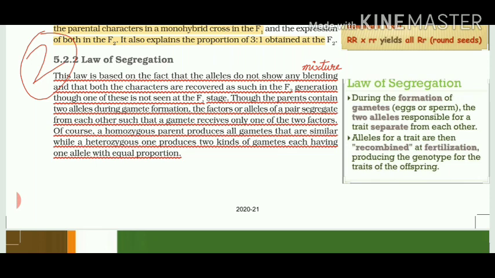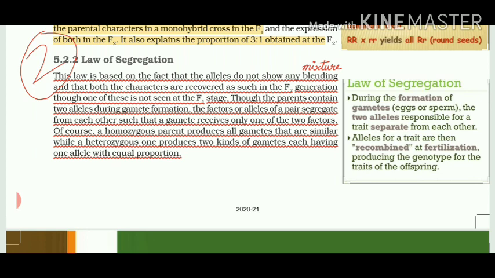No. When we are showing the law of dominance and the law of segregation, we are always talking about dominant and recessive characters, meaning one should be able to suppress the effect of the other. So either it will be red colored flowers in the F1 generation if red is dominant, or white colored flowers will appear in the F1 generation if white is dominant. This you have to remember.